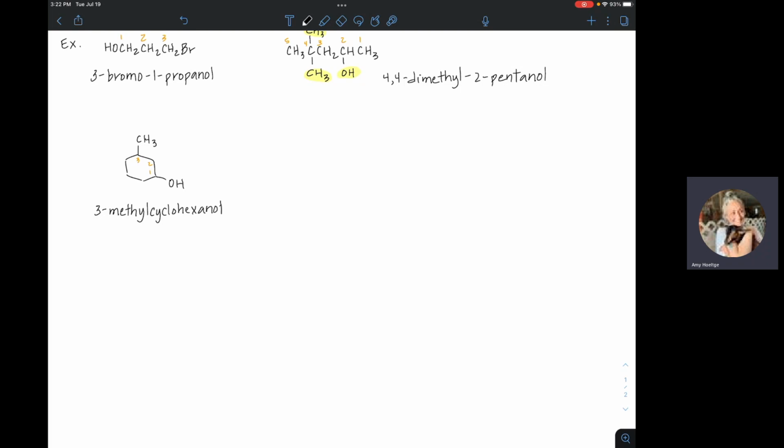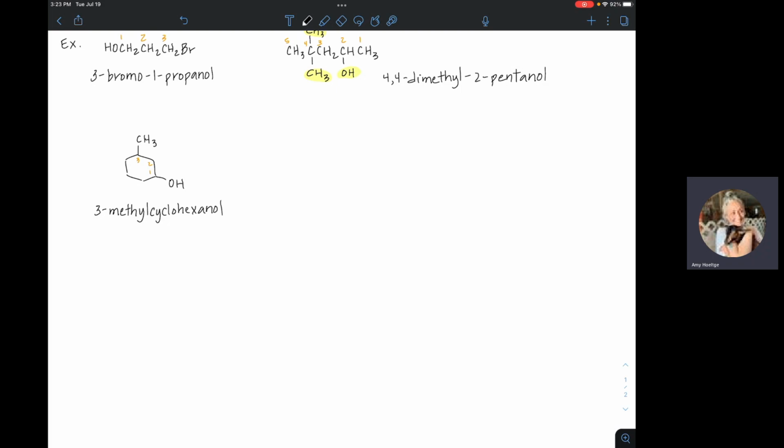You only use hyphens to separate numbers from letters, or there's an exception with amines and amides when we're indicating that a group is actually on the nitrogen. So if you're going to be separating something that indicates position from the actual name of the substituent, then you'll put a hyphen in.